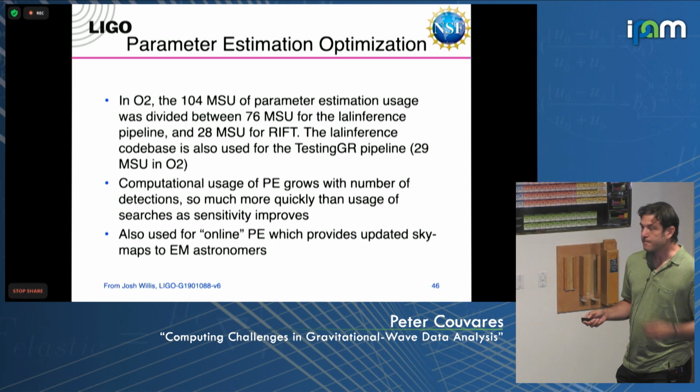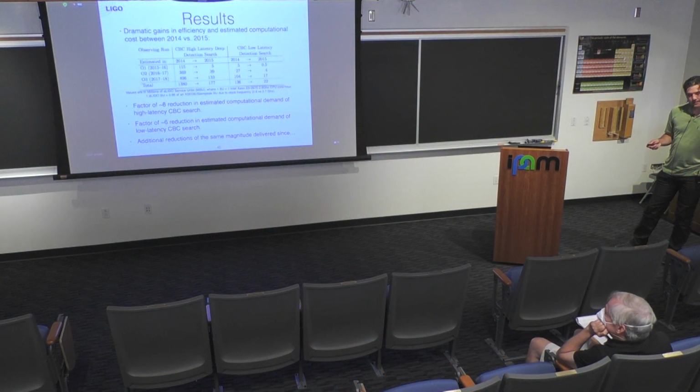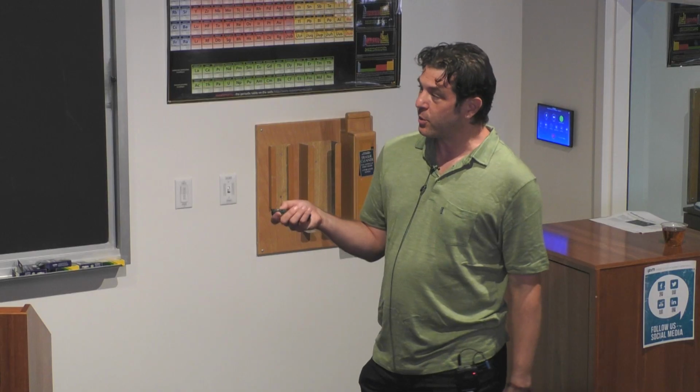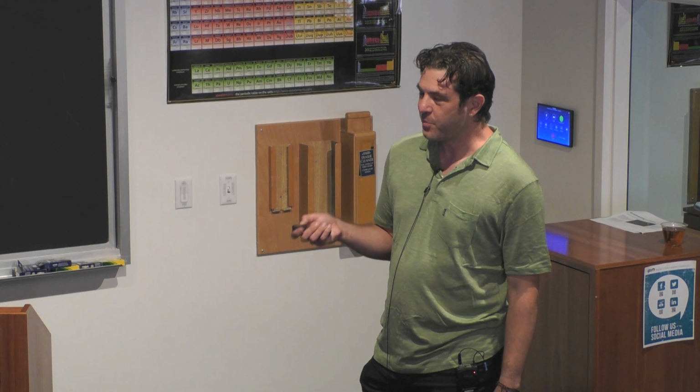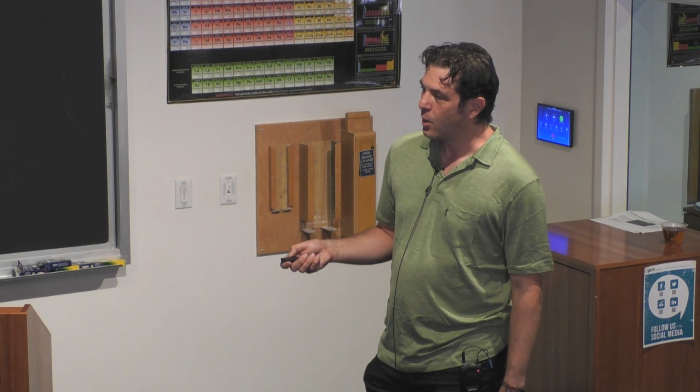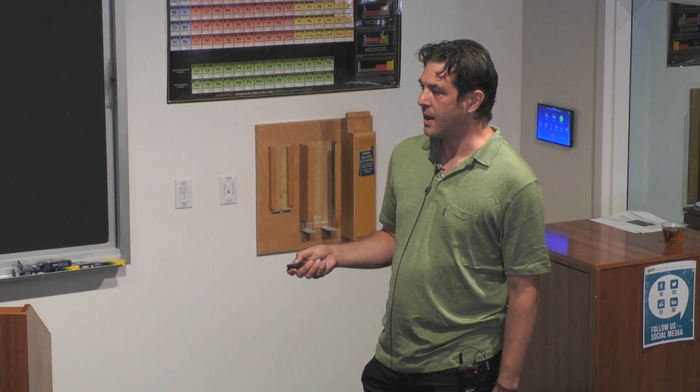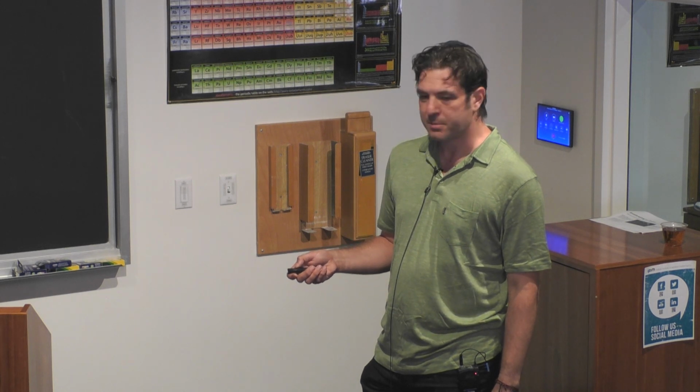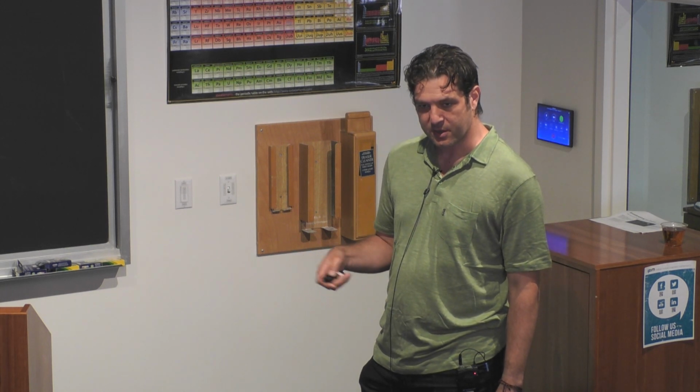Yes? Was all this optimization work done only by people from the collaboration, or also by experts? That's a great question. The right way to answer that question is to say, we would never have done this had we not worked with people in XSEDE, in particular at the Texas Advanced Computing Center, TACC, at UT Austin. But they didn't do it for us.